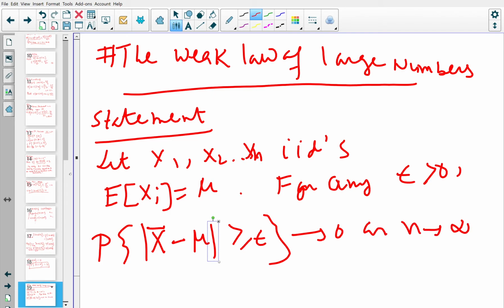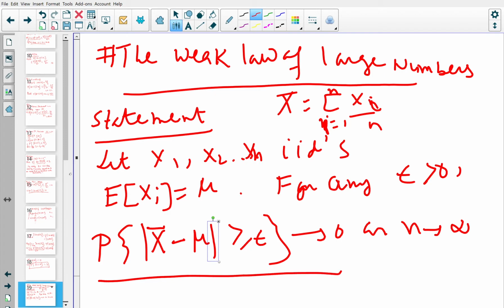So what was the sample mean? This is the summation of xi over n, i equal to 1 to n, right? Now when n tends to infinity, this quantity is 0.